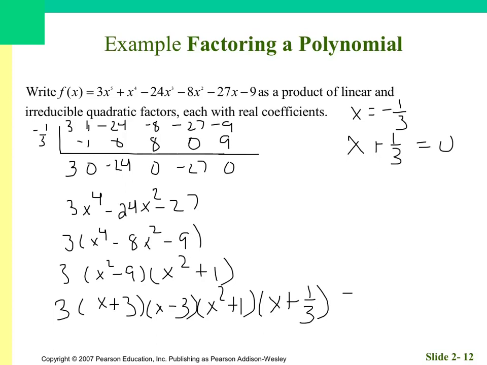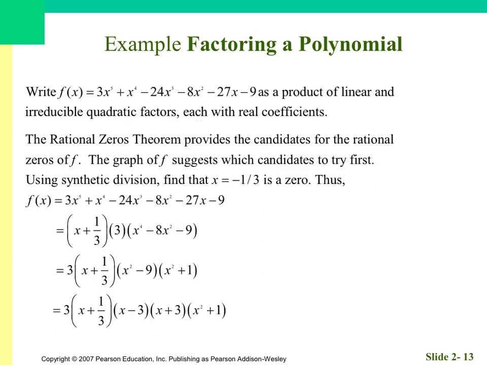You cannot simplify that further. So there's your f of x. Let's see if we're right. Yep, same, just in a different order. They use synthetic division, but you could also have used the calculator to find one zero and then do it. So there you go. I will see you guys in class tomorrow.